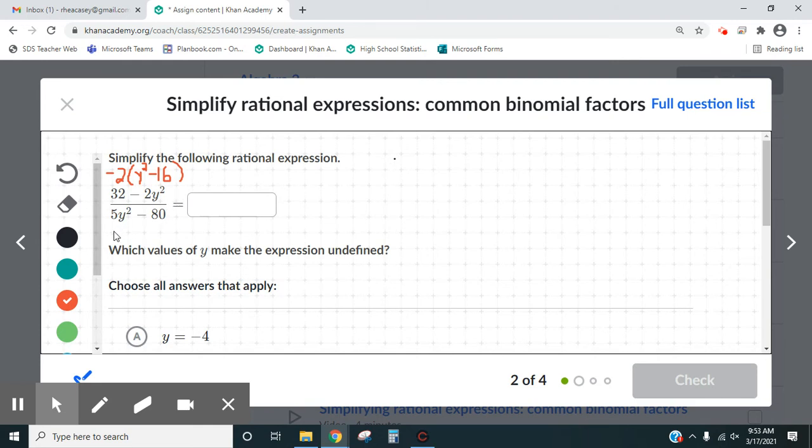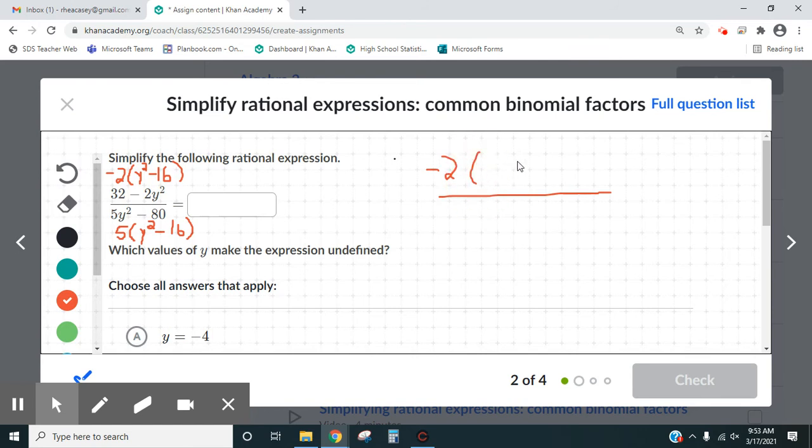I'm going to do the same thing on the bottom, but I don't have to divide by a negative because y squared is already positive. So it's going to look like this. How many 5s go into 80? 16 is correct. Now let's factor them on the top.